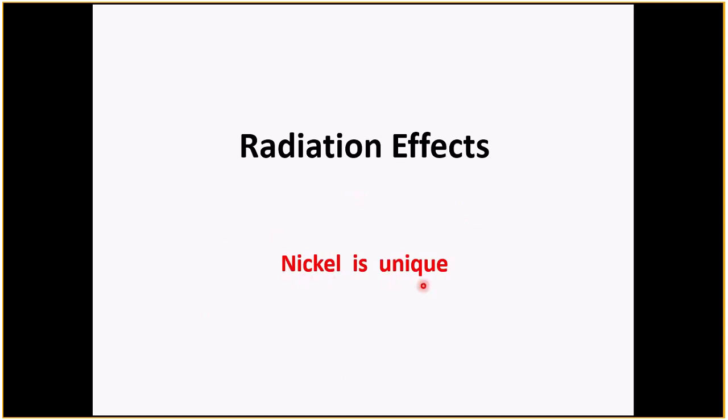It's unique to a large extent, because of the nuclear reactions that are possible with nickel. So it's not unique, as in there are some other elements that have these peculiar properties, like sodium-22, for instance, which is an isotope, I think sodium-22 is the product.